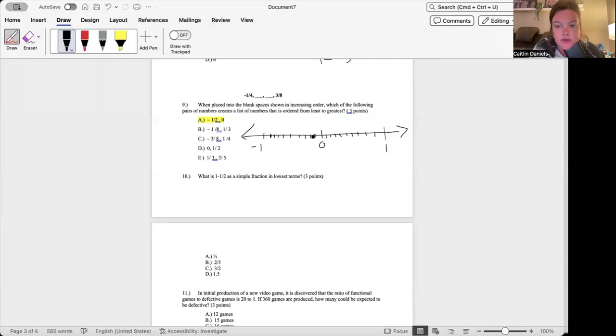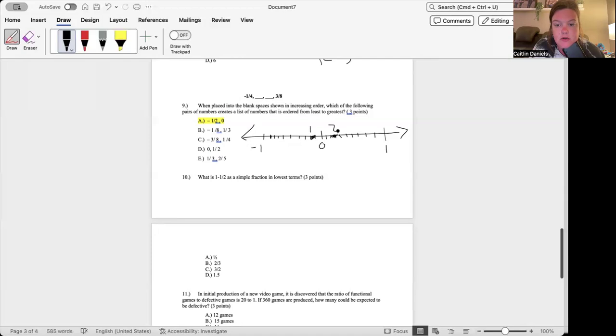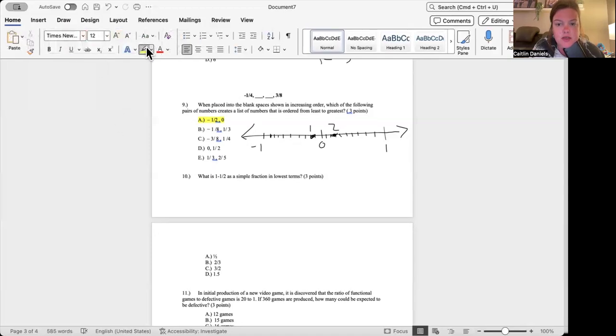And then we have 1/3, which is going to be on this side of the 0, right here somewhere. So 1 and 2. So B is also from least to greatest.